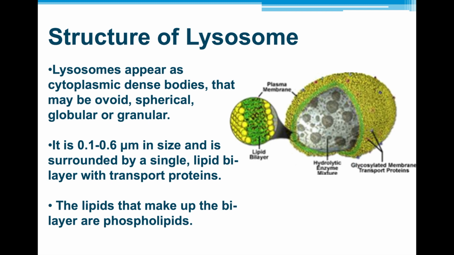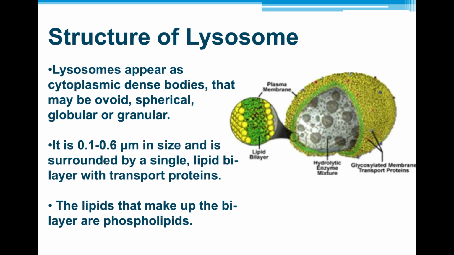Now, structure of lysosome. Lysosomes are membrane-bound organelles and they show loads of diversity in shapes and sizes. The number is also variable in different types of cells. Lysosomes are usually placed near the nucleus.